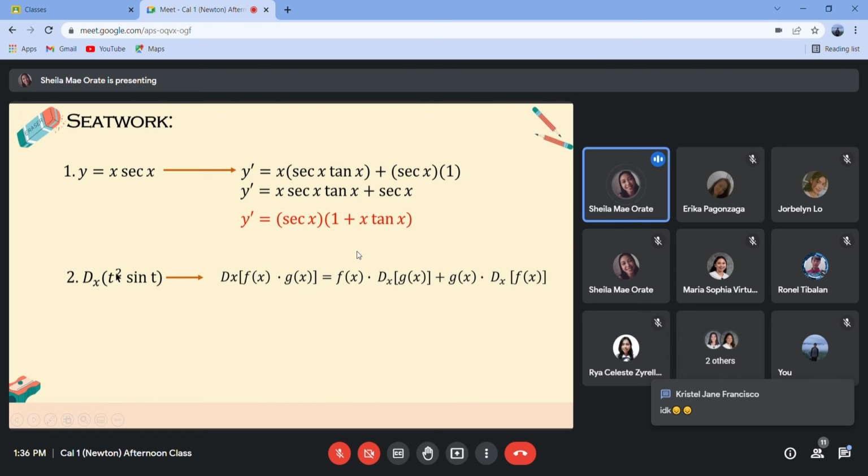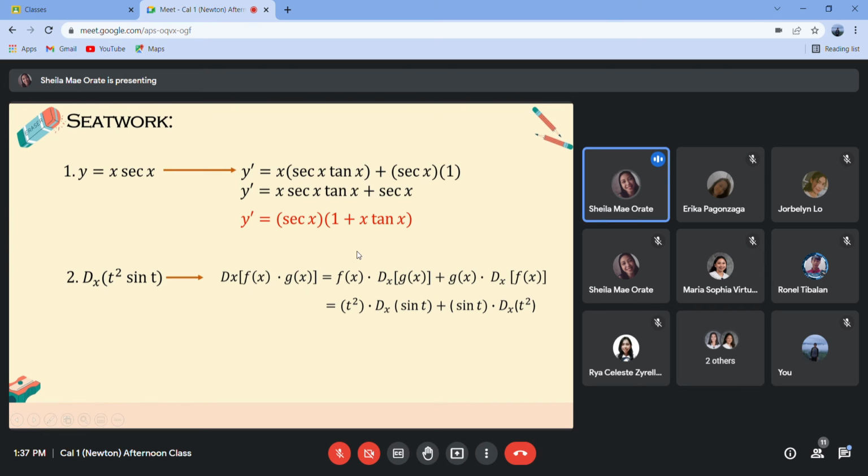This is our f of x and this is our g of x. Our f of x here is t squared. Then we have to find the derivative of g of x. We have sine t times the derivative of f of x, t squared.